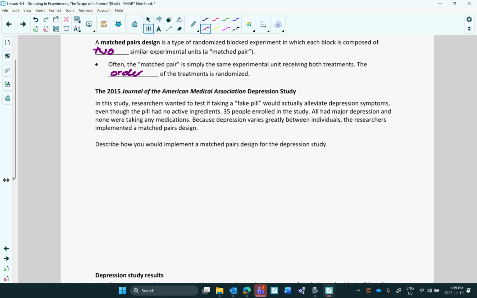Okay. Or maybe you give them an MRI. Measure brain activity. What's happening in the brain? Okay, so how do we say this?